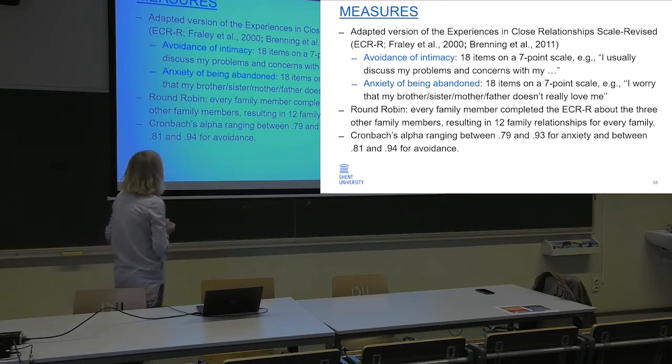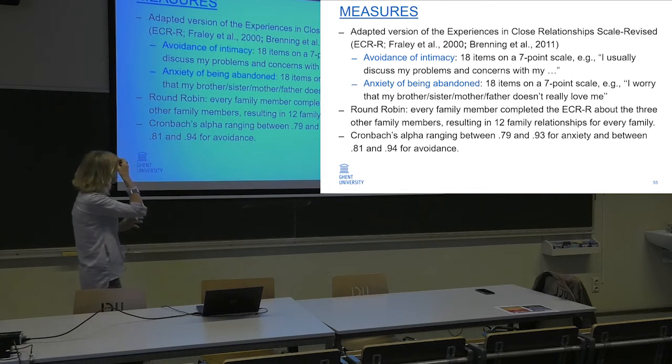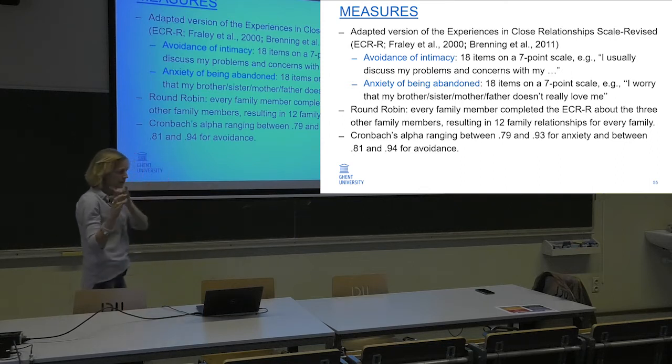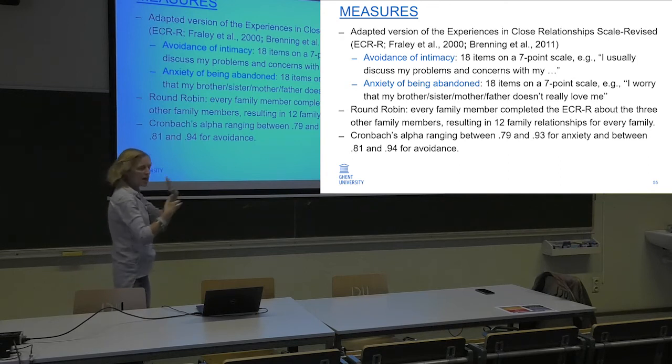There are 18 items of avoidance of intimacy and 18 items of anxiety of being abandoned, always on a 7-point scale. So we kept the items, but we changed the way we asked them so that they could answer towards everyone.